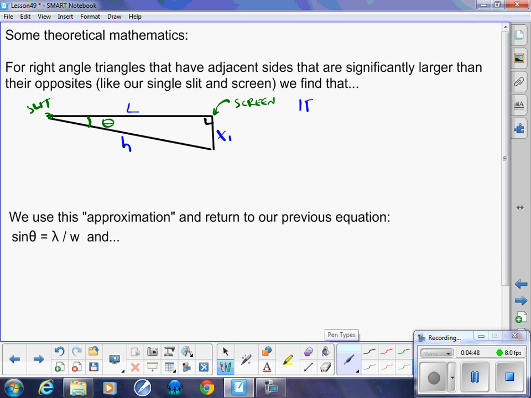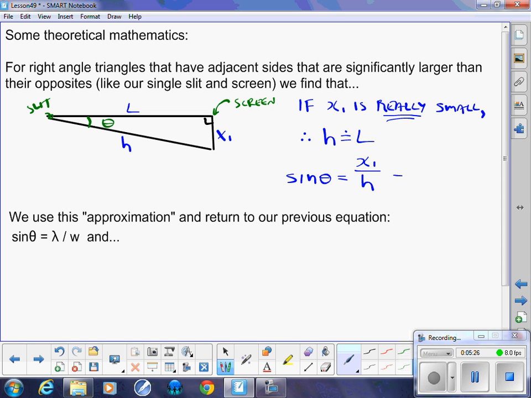So if x1 becomes really small, we can say, therefore, the hypotenuse is pretty much the same as the L, the length from the screen. So what that means is that sine theta will equal, according to the triangle I have in front of me, opposite over hypotenuse, so x1 over h.